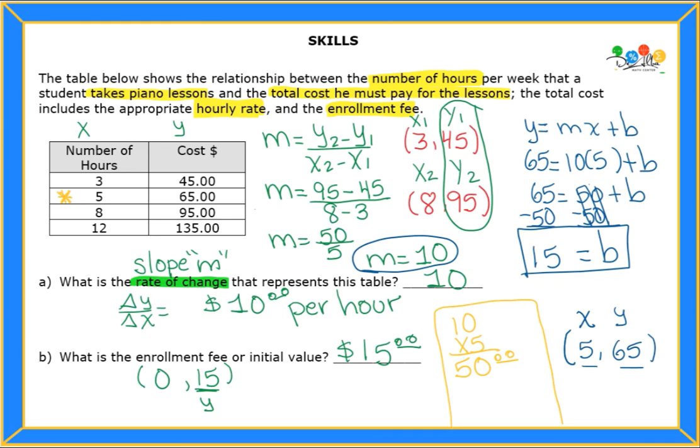But now I need to pay the $15 of the initial fee or enrollment, and I will get a total of $65. And notice how right here on the y, I do see a 65. This is one way that you can check if your answer makes sense or not.